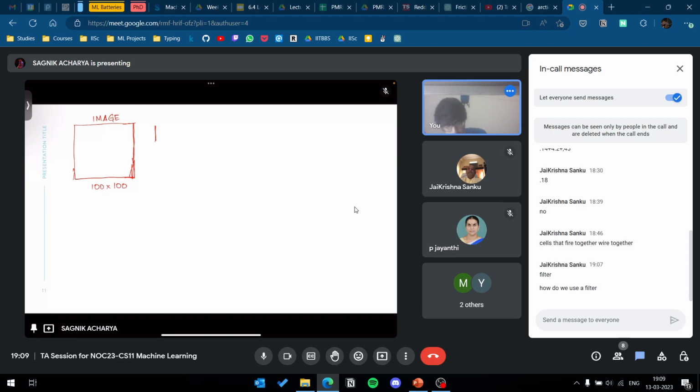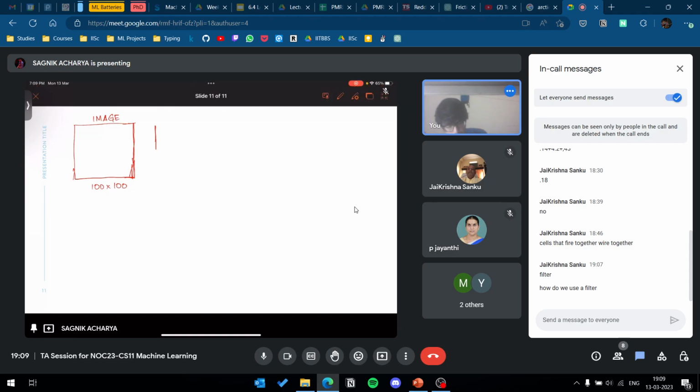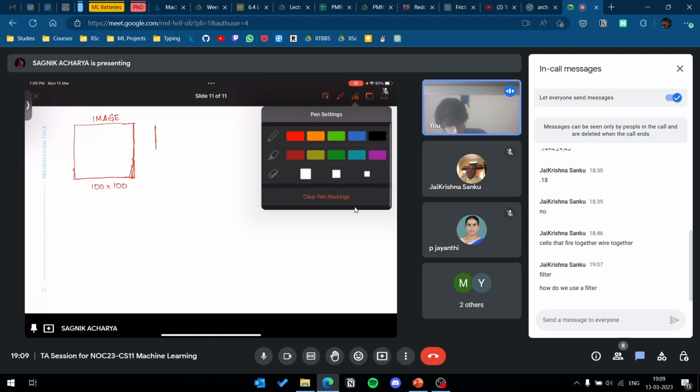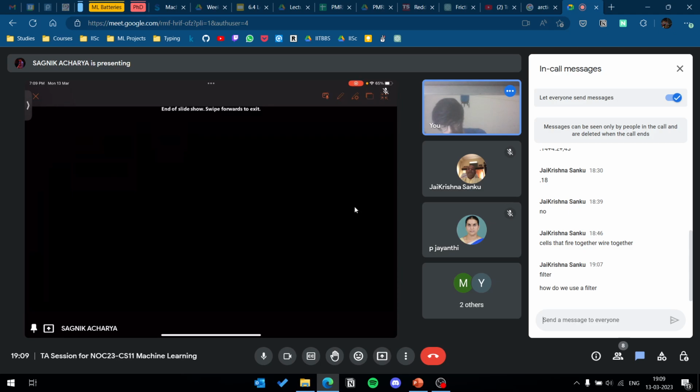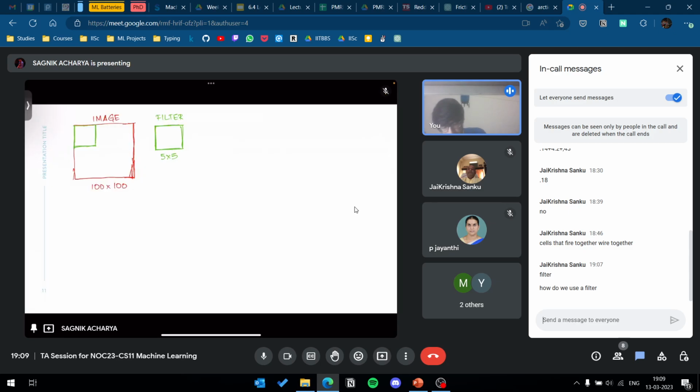Say I draw it in green. Say this is my filter. Usually you choose your own size for the filter. So say this is a 5 by 5 filter. We put this filter here, right? A 5 by 5 filter means there are 25 values here.